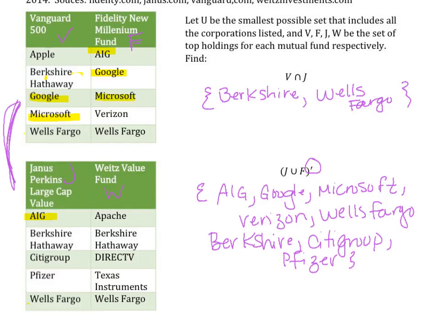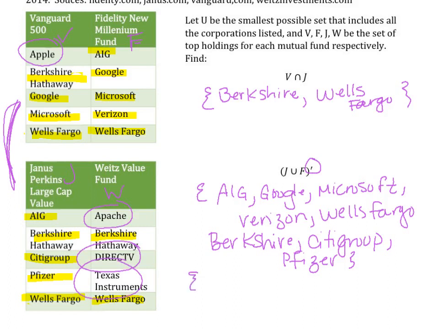We can get rid of Verizon, so anywhere where we see Verizon, we can get rid of Verizon. We can get rid of Wells Fargo. We can get rid of Berkshire Hathaway. We can get rid of Citigroup. And we can get rid of Pfizer. Which means that the items that are not in J union F are Apple, Apache, DirecTV, and Texas Instruments.